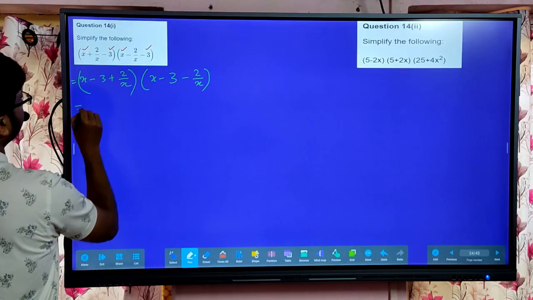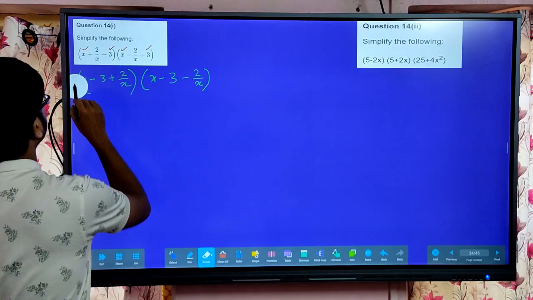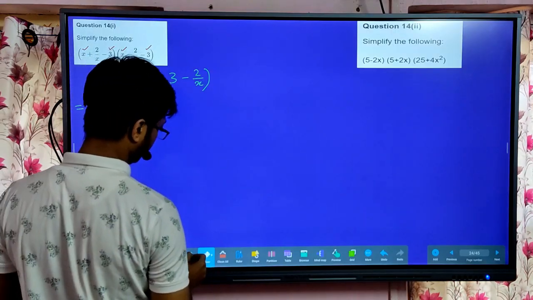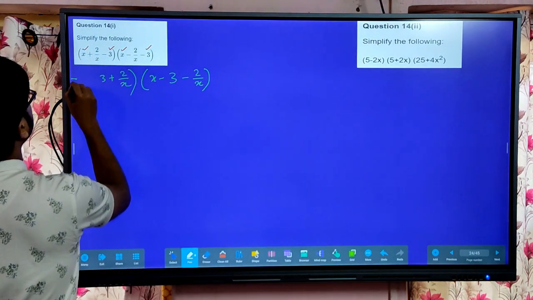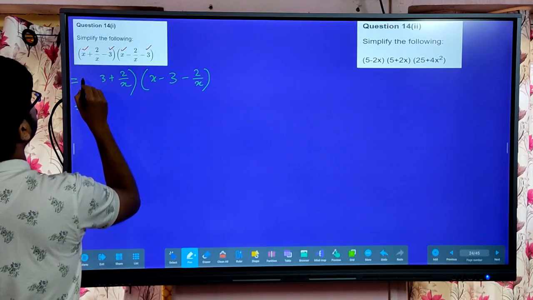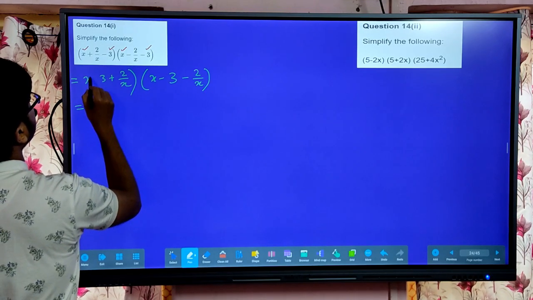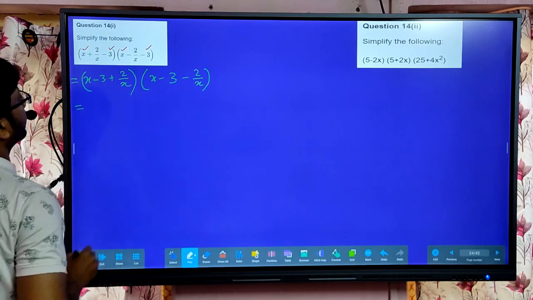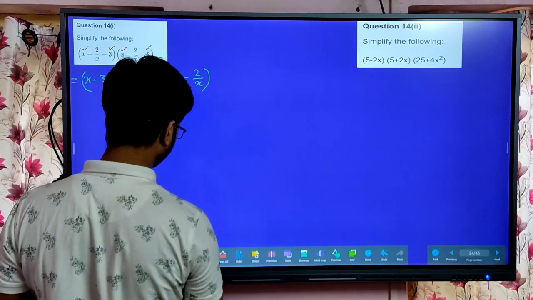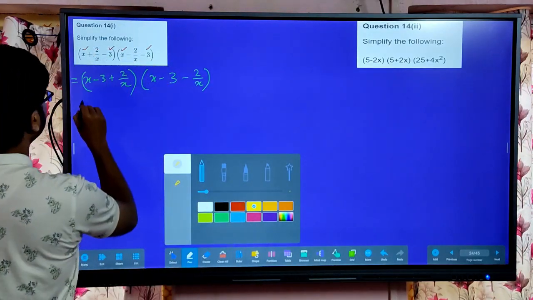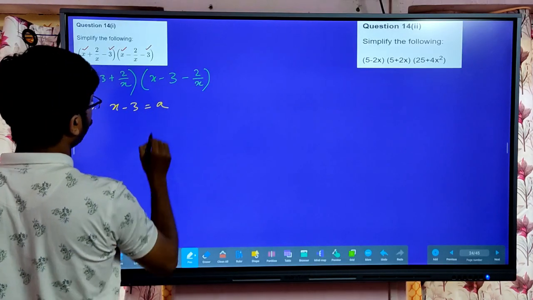So it will be, just a minute, x minus 3, so it is x minus 3, okay. Chalo, now you are going to take let x minus 3 equal to a.